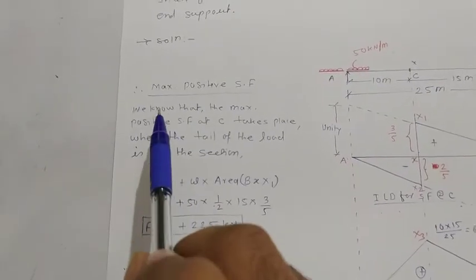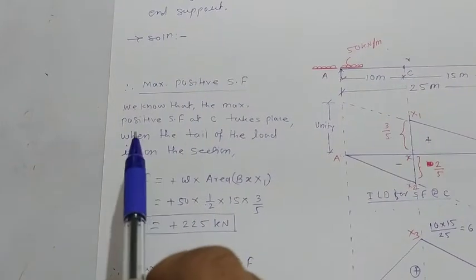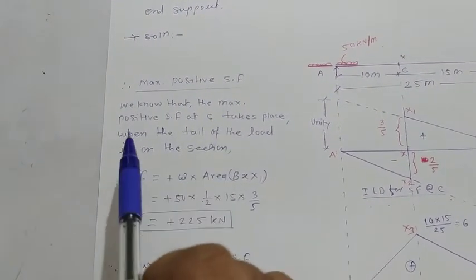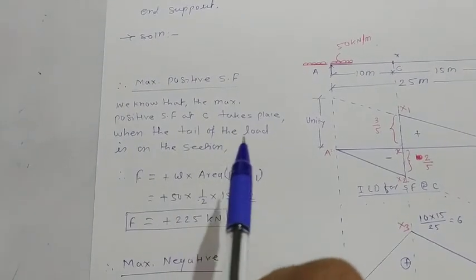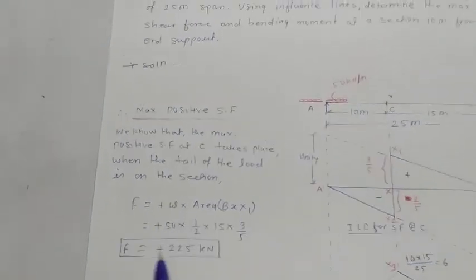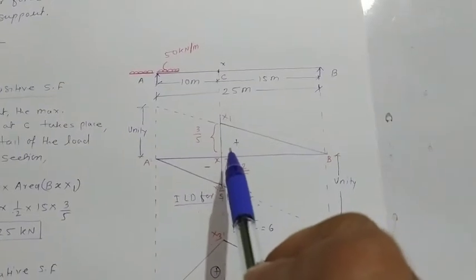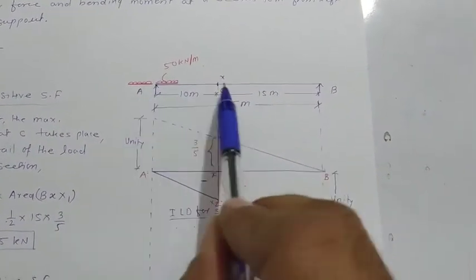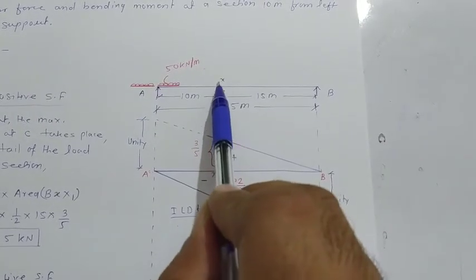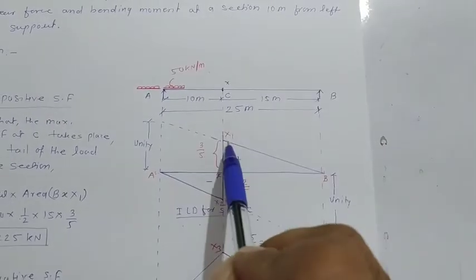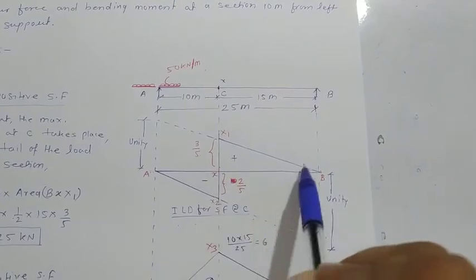So first is maximum positive shear force. We know that the maximum positive shear force at C takes place when the tail of the load is on the section. If I want to find the maximum positive shear force, I must apply the UDL on this whole section, so the whole positive section is covered by the UDL.